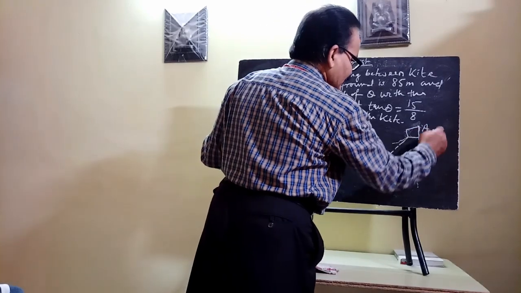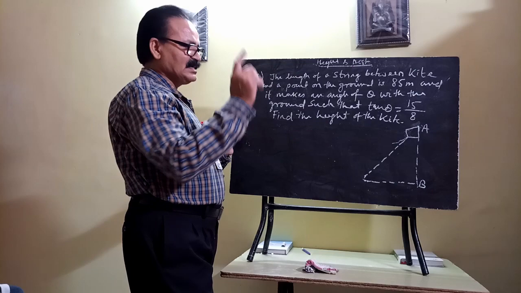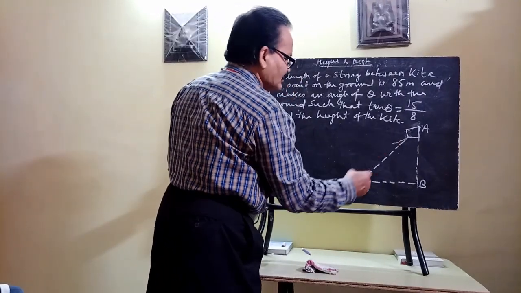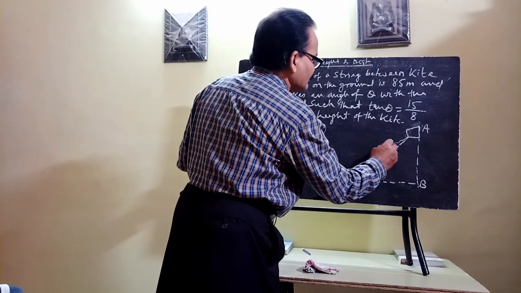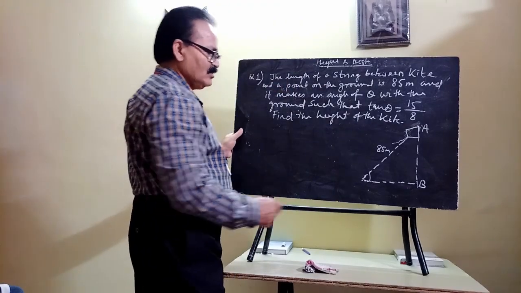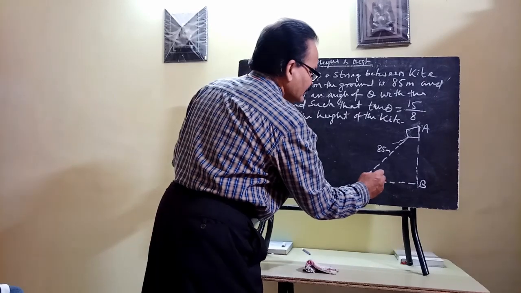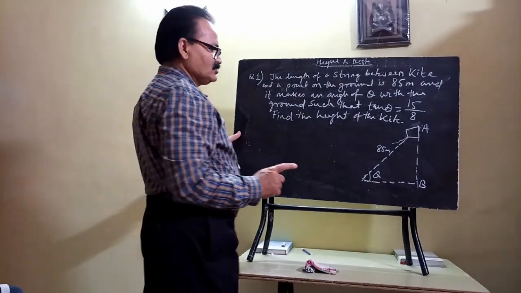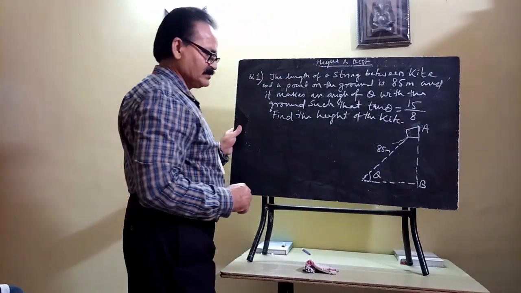Say AB is the height of the kite from the ground surface, and this much is the length of string, that is your 85 meter, and the angle formed on the ground between the string and the ground is your theta. Clear? So you have to find the height of the kite.